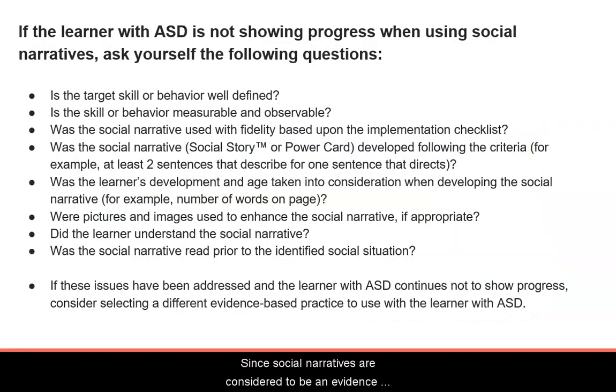Since social narratives are considered to be an evidence-based practice and proven through research to be successful for students when incorporated with fidelity, if a social narrative is not successful, staff could look to see if the target skills or behavior were well defined, if the behavior or skills they're trying to increase is measurable and observable, if the social narrative is being used with fidelity, if the recommended amount of descriptive sentences to directive sentences is being used, if the length and language of the narrative is appropriate for the developmental language of the learner, if visuals are being used appropriately for the social narrative, if the student understands the social narrative, and it's being read consistently and prior to the social situation.